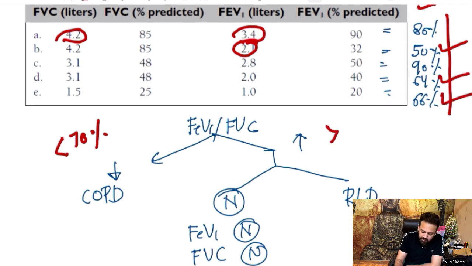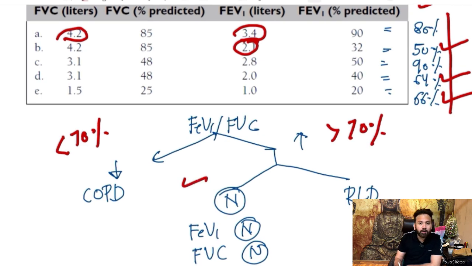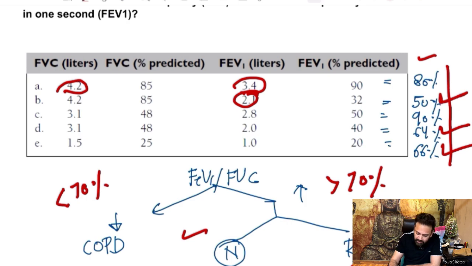If it is more than 70%, either it can be normal or it can be restrictive lung disease. So now how to differentiate between normal and RLD? In normal, if you see individually, FEV1 will be normal, FVC will be normal. In RLD, although the ratio will be more, individually both will be very, very decreased. So you can see here, these are less than 70%, so COPD.